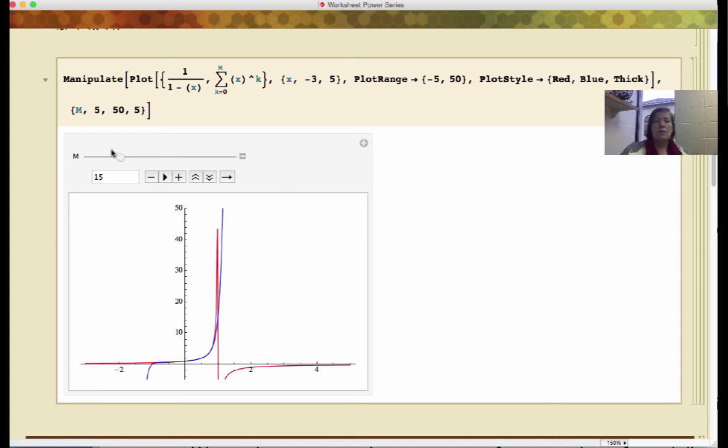As the values of m vary, the graphs of these polynomials are shown in blue, and you will see that as m tends to infinity, as the size of this polynomial gets larger, the graph of the polynomial gets closer and closer to the graph of 1 over 1 minus x for values of x between -1 and 1. Outside that interval, the polynomials don't have a limiting value, and they don't get closer to the function 1 over 1 minus x.